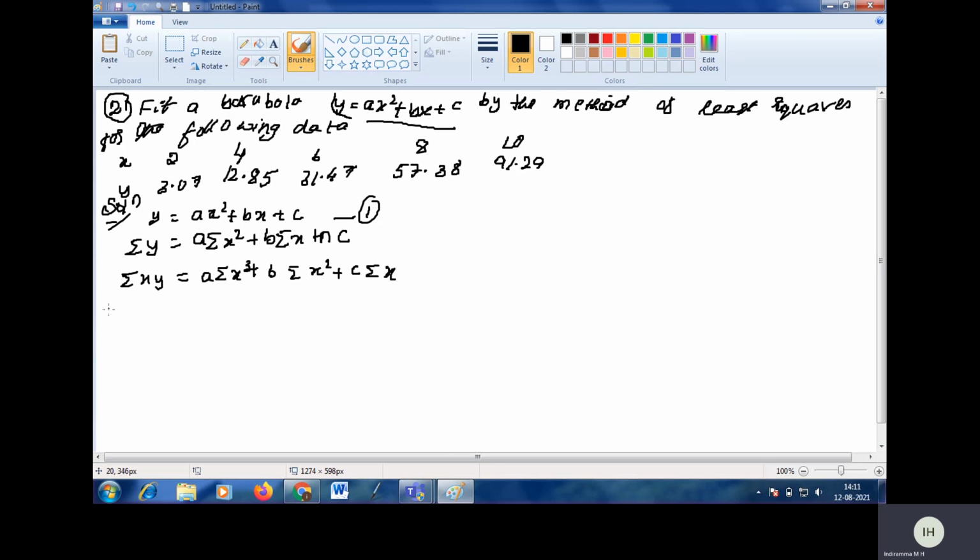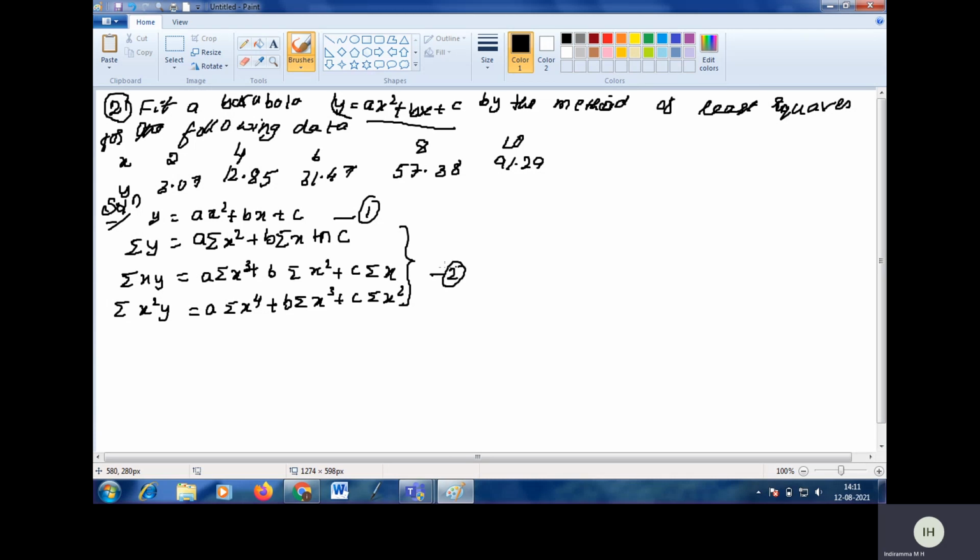Here we multiplied equation 1 by x, then took the summation. Now multiply equation 1 by x square, then take the summation. That is summation of x square y is equal to a into summation of x to the power of 4 plus b into summation of x cube plus c into summation of x square. We call this system 2.